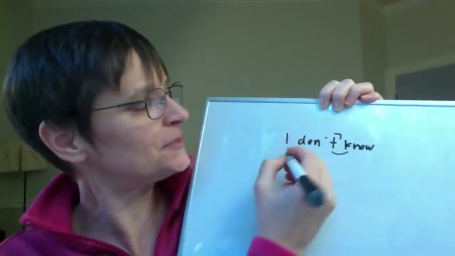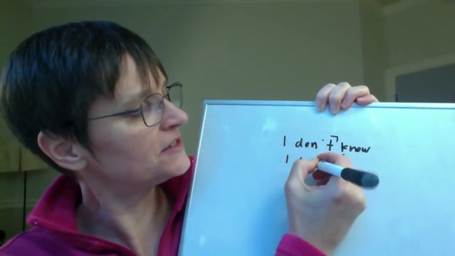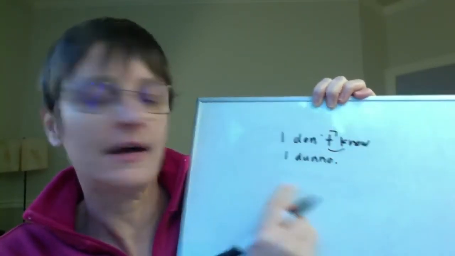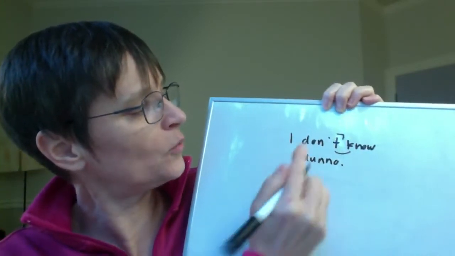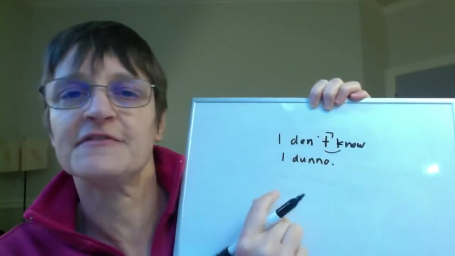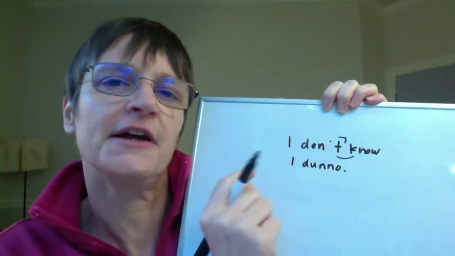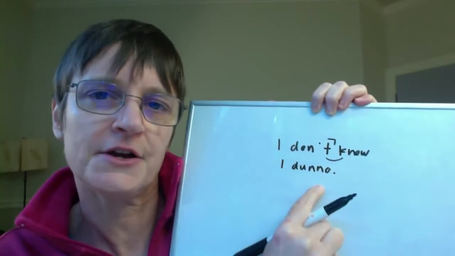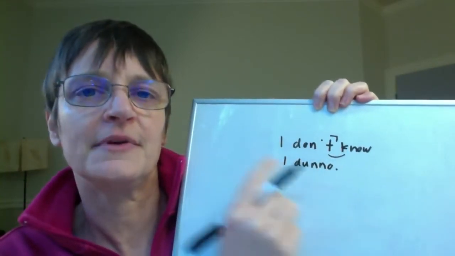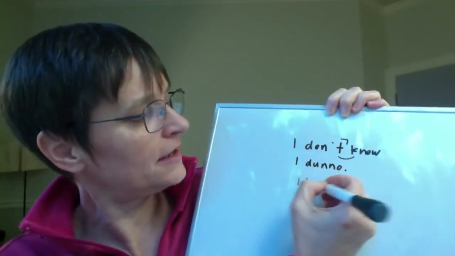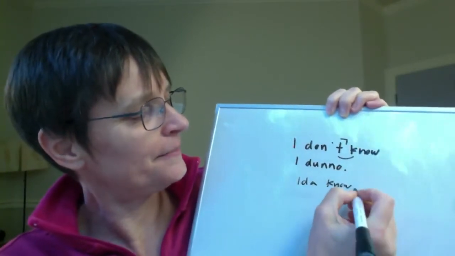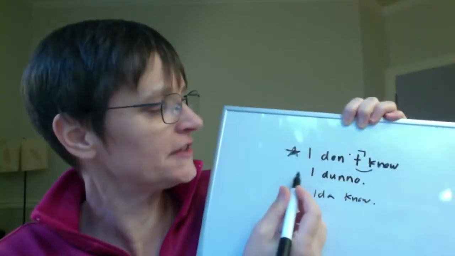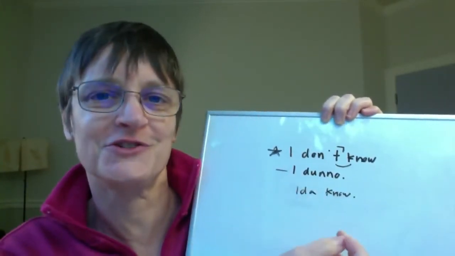In more casual speech, people will also tend to say something like this, I don't know, where the T is left out entirely. You can hear the difference there. I don't know. I do mark that T and make a stop, versus I don't know, which is kind of more like I know. I would recommend this one for most formal and professional situations, and this one is perfectly fine for casual speech with friends.